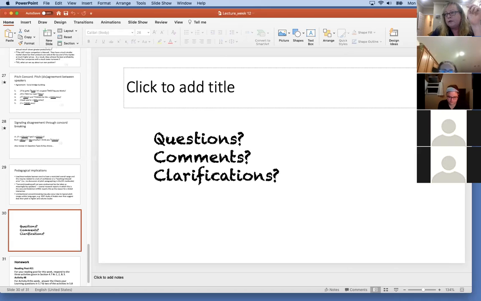I also think it's super important to help you understand your own reactions. If you're a native speaker of American English, you can have very negative reactions to speakers of new varieties of English or to international English speakers.